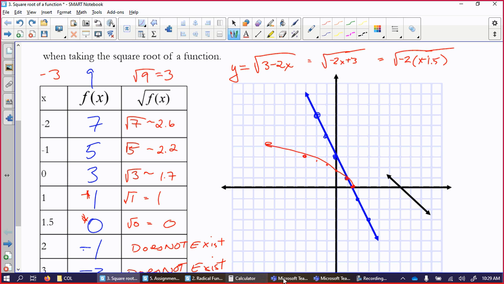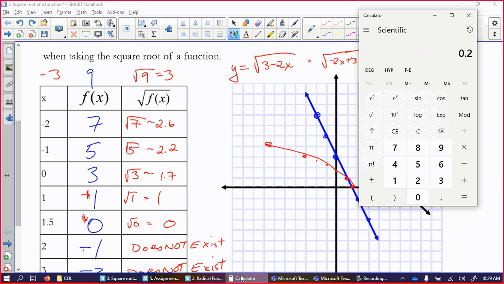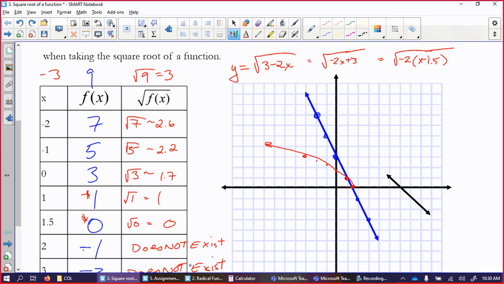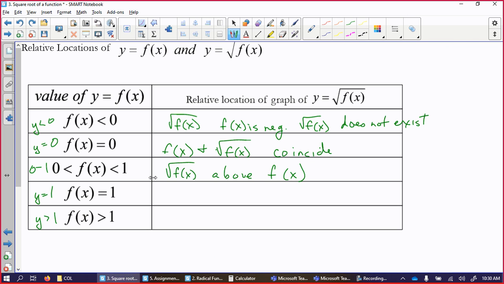If we're looking at a y value of 0.2, 0.2 is on the blue line, the square root of it on the red line is 0.4. So there's that one little instance where the radical or the root function is the same.